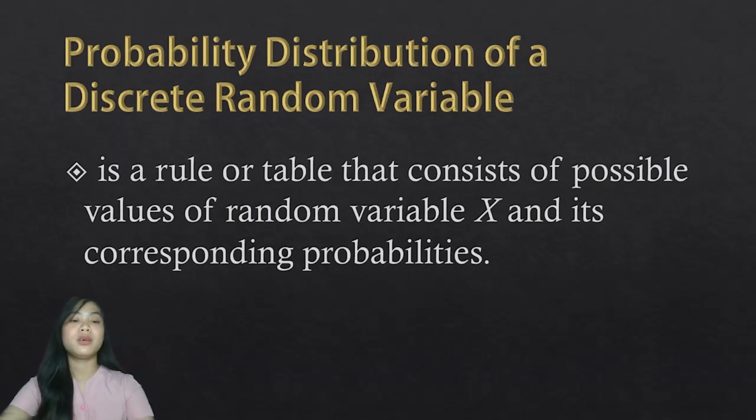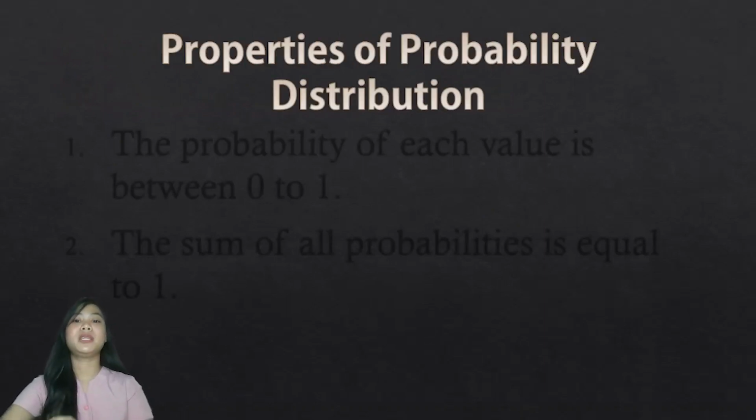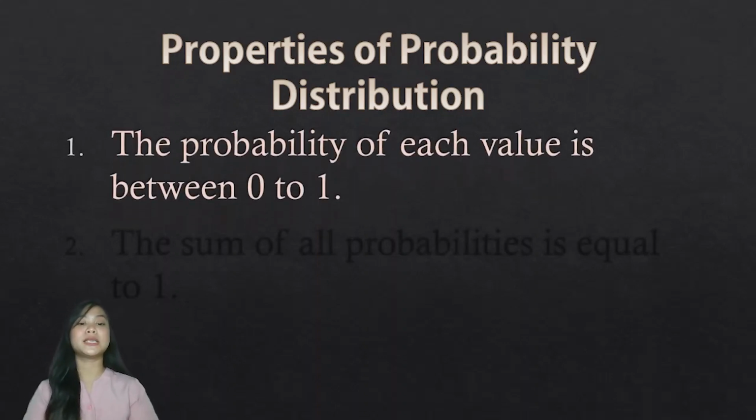To further understand, let's have an example. But first, let us have the properties of the probability distribution. The probability distribution has two properties. The first one: the probability of each value of the random variable ranges from 0 to 1.